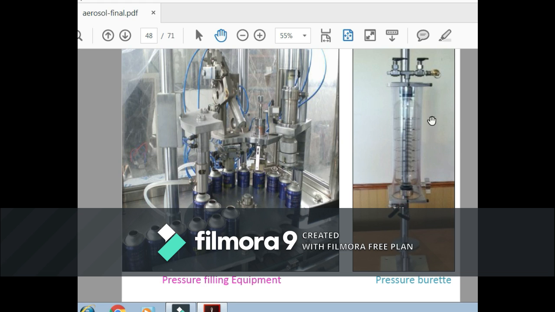Inside the burette we have to fill your material, and downside we have to attach your can or container, and then it is filled with the high pressure inside your container. There is no leakage, and automatically it will be sealed, or your upper valve as well as your total assembly will be fixed here itself.